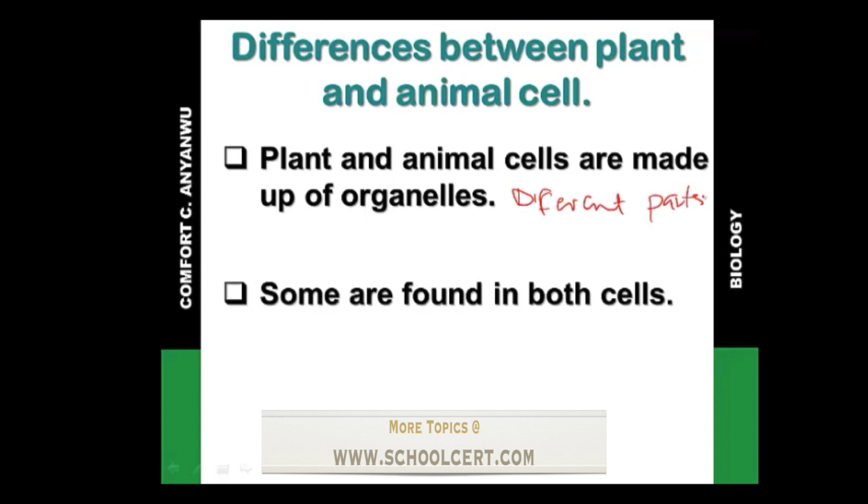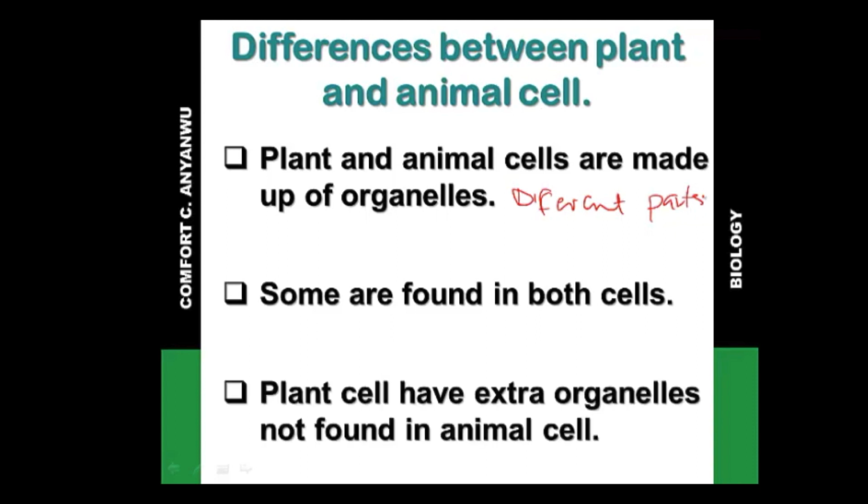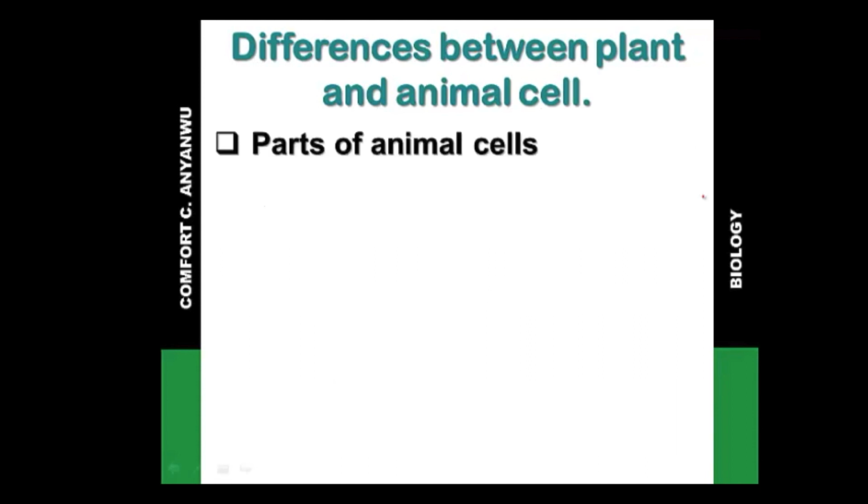Some of these parts are found in both plants and animal cells. However, plant cells have extra organelles that we can't find in animal cells. Let's take a look at the parts of an animal cell.